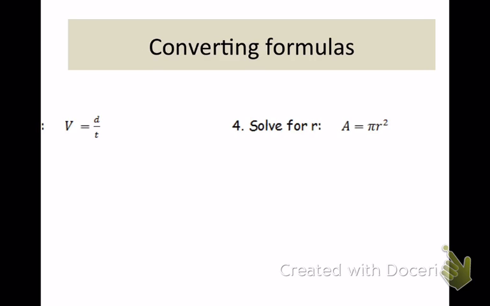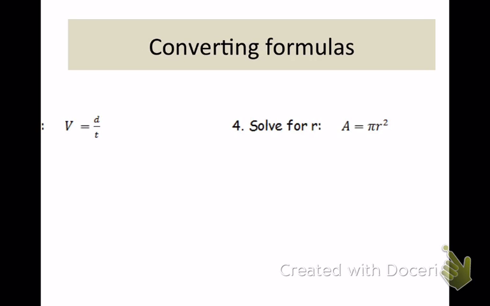This time we're going to solve for radius. So area equals pi radius squared, so we want the r to be by itself. In this case, we need to eliminate the pi and the little power of 2 on the radius. Now, I can't divide by just a square, so I can't get rid of it just yet. So I'm going to start off by eliminating just the pi.